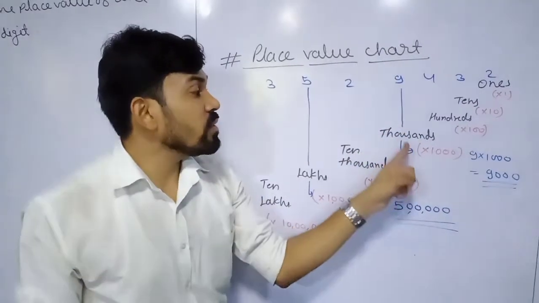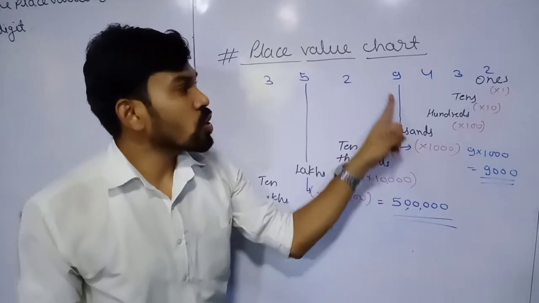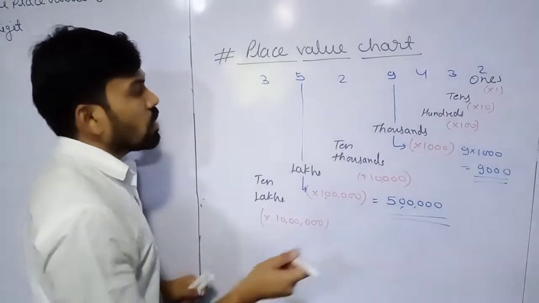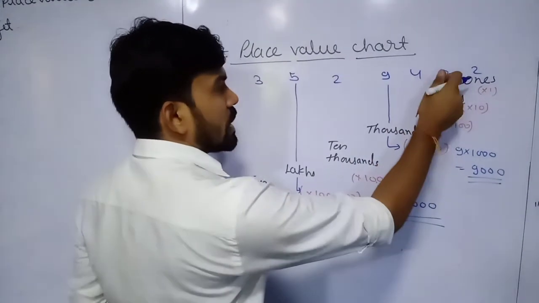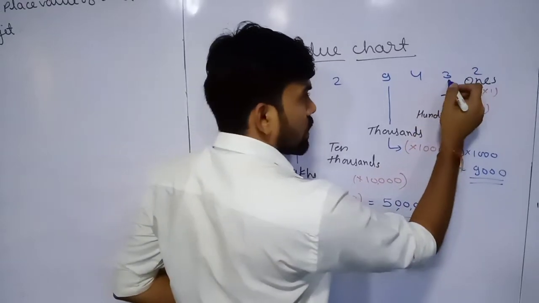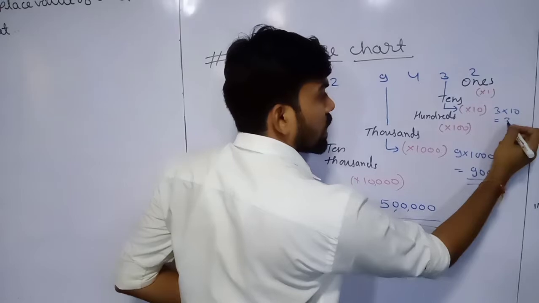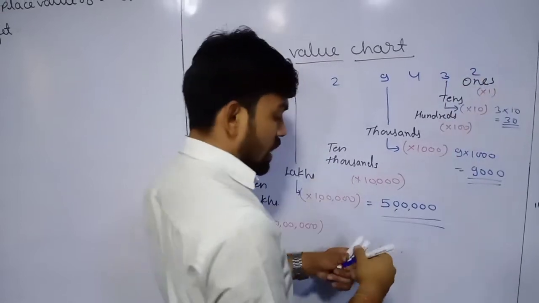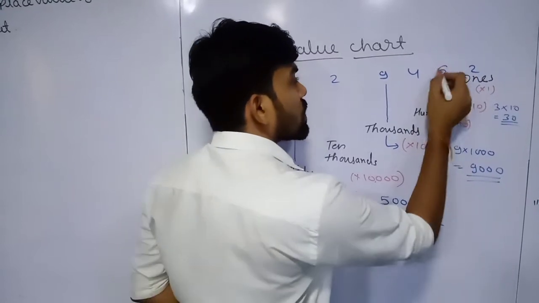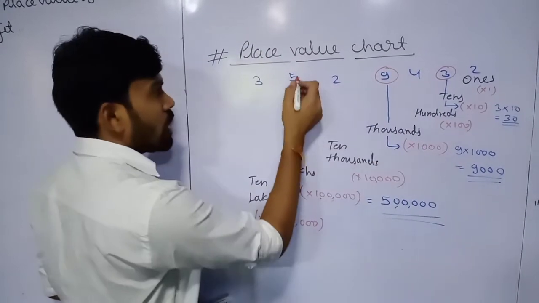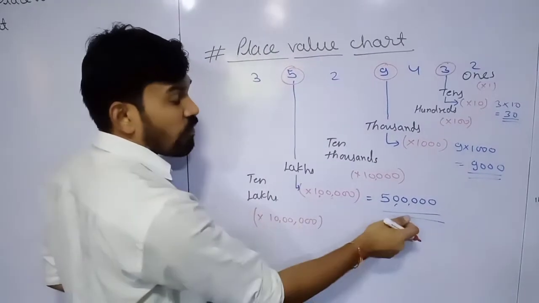Here we have the example of 1000, so 9 into 1000 we got 9000. The place value of this 3 is at the tens place, 3 multiplied with 10, so 3 into 10 we are getting 30. Place value of 3 is 30, place value of 9 is 9000, place value of this 5 is 5 lakhs.